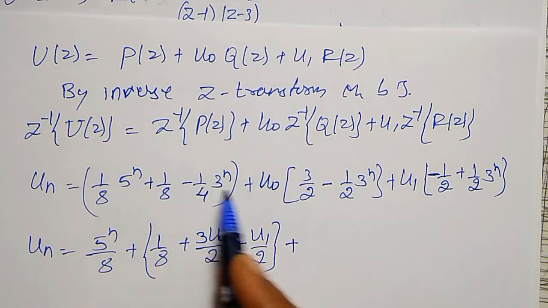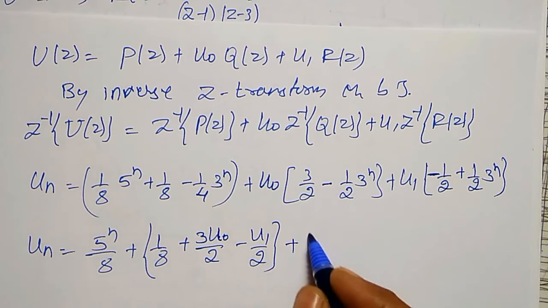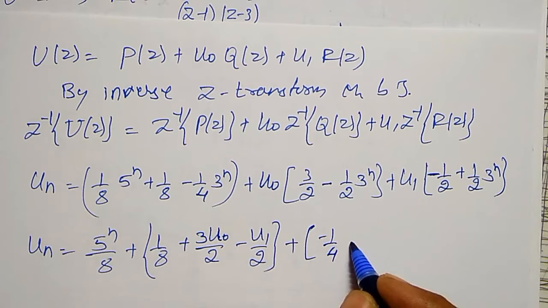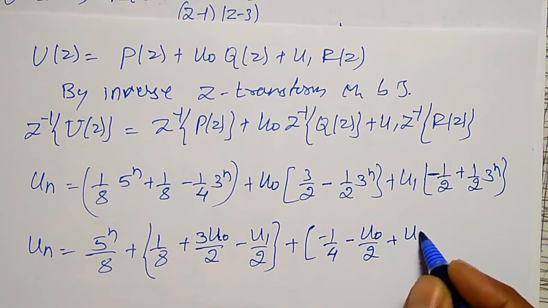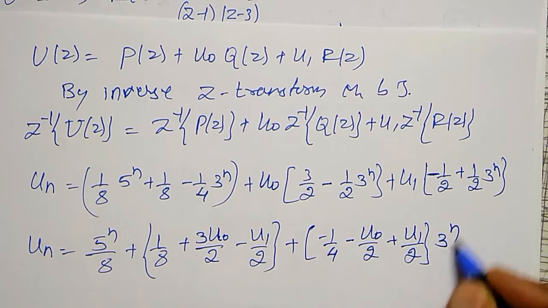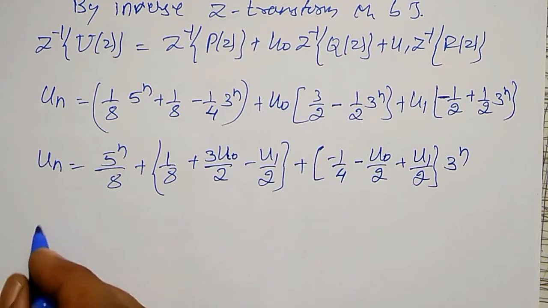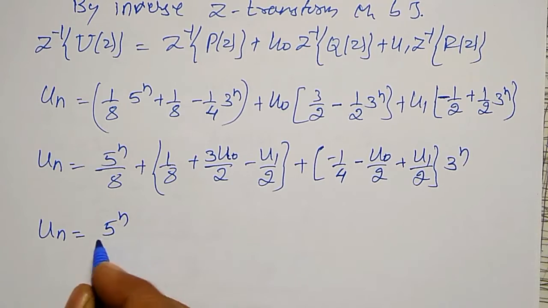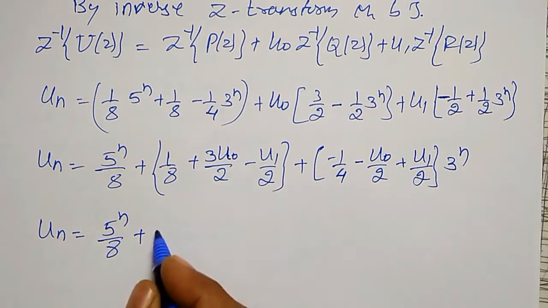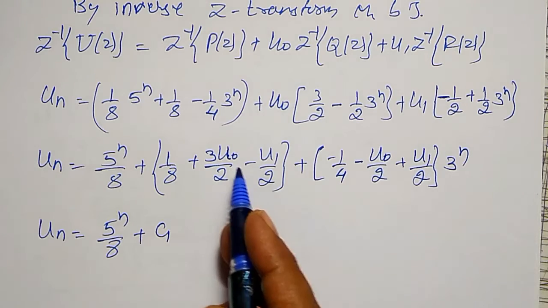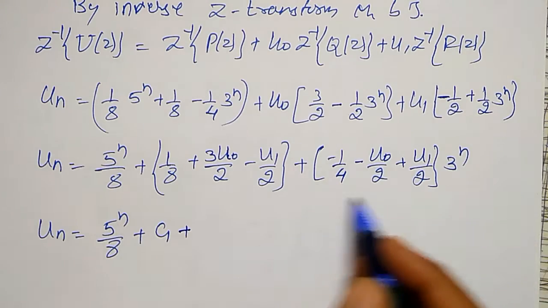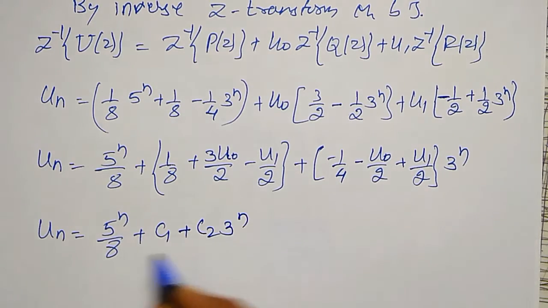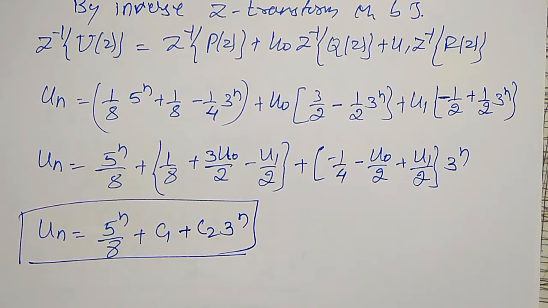Plus the 3 raised to n terms: that will become minus 1 by 4 and here it is minus u naught divided by 2 and plus u1 divided by 2, into 3 raised to n. In simplified form, I can write un is equal to 5 raised to n divided by 8 plus this whole together as c1, a constant. If u0 and u1 are given, it will be a constant c1, plus c2 which I will call c2, times 3 to the power n. This is the required answer.